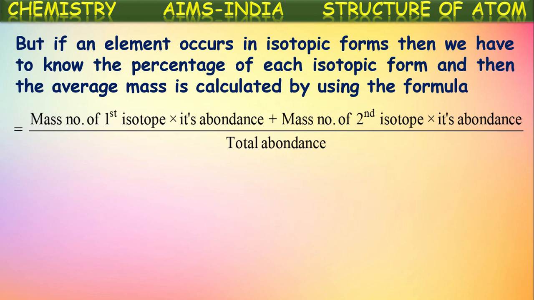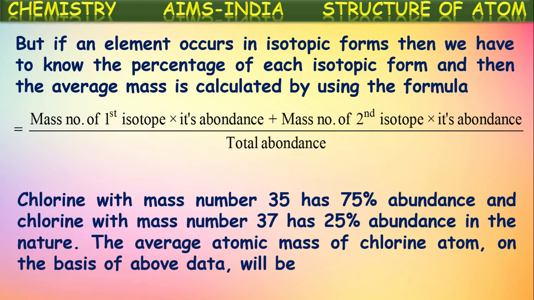Average atomic mass or atomic weight of an element is equal to the mass number of the first isotope times its abundance percentage, plus the mass number of the second isotope times its percentage abundance, divided by the total percentage of abundance. This gives the average atomic mass or atomic weight of that element.